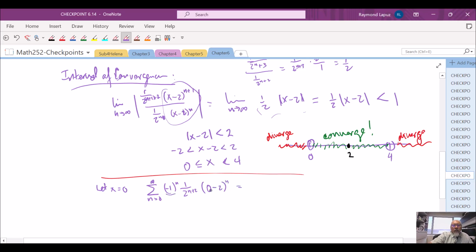So again, these two will have the same power, and then this will be the series n goes from 0 to infinity of positive. So this is -1, this is a -2, so that becomes positive. It's like taking the absolute value, and then we have 2^n divided by 2^(n+2).